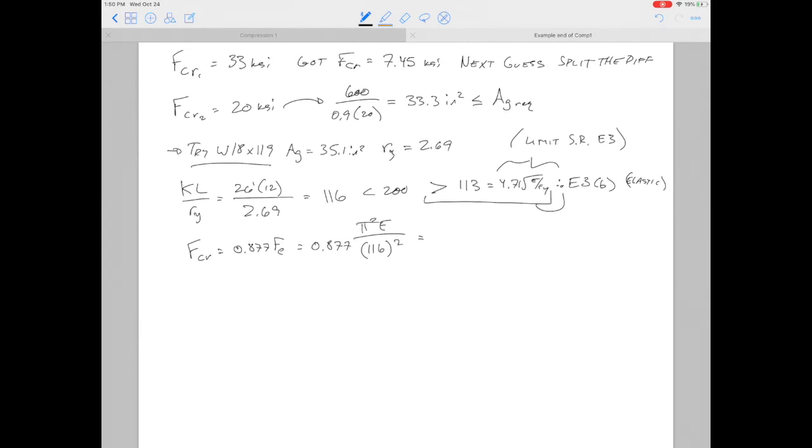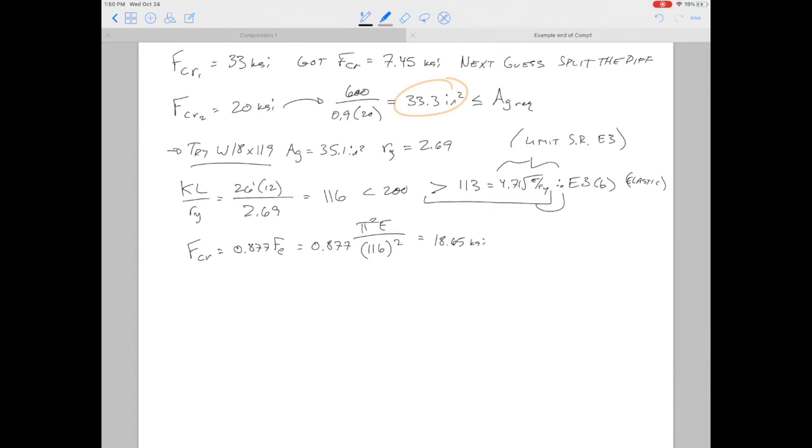Make sure I have the right thing written down. 0.877 times pi squared E over 116 squared. I should have 18.65 KSI. Ooh, look, I'm much closer on this iteration. 18, almost 19 versus 20. Good, this is a good sign.